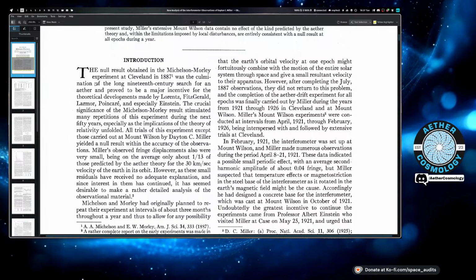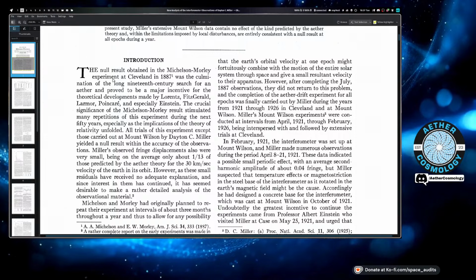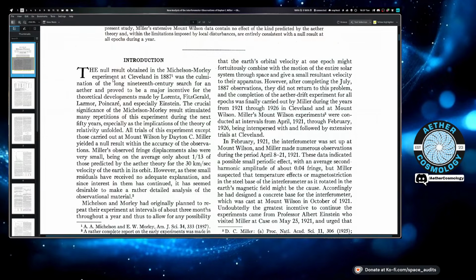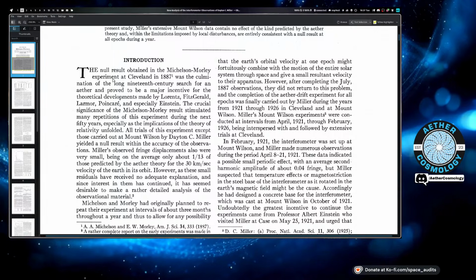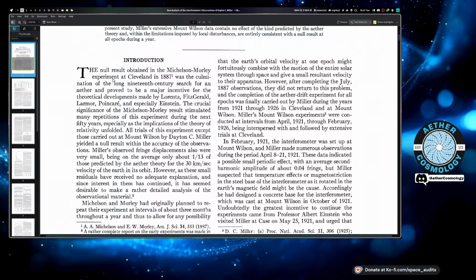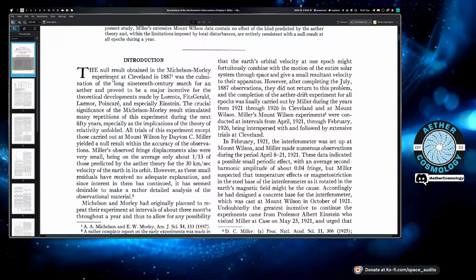All right, so, introduction. The null result obtained by the Michelson-Morley experiment at Cleveland in 1887 was the culmination of the long 19th century search for an ether and proved to be a major incentive for the theoretical developments made by Lorentz, Fitzgerald, Larmor, Poincare, and especially Einstein.